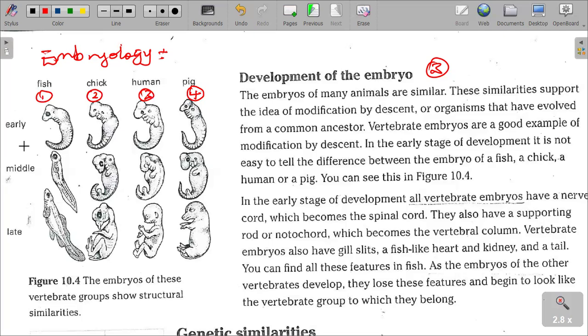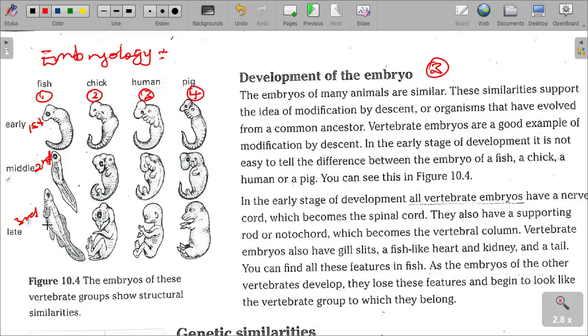We can say the first trimester, the second, and then the third, which can also be a fourth as well. So what I'm saying is, the embryos of many different animals are similar.